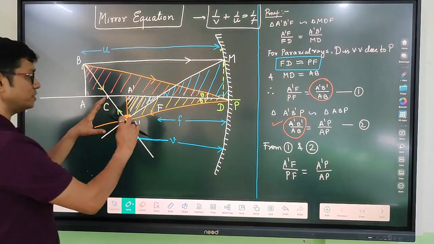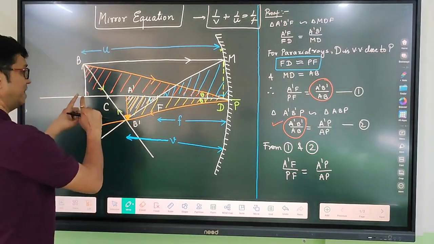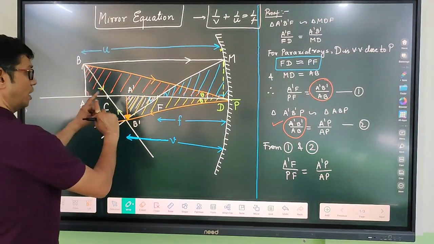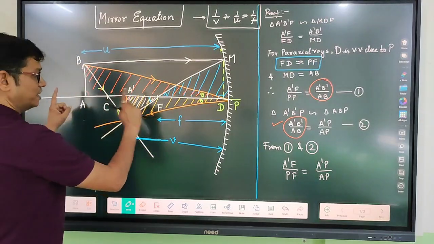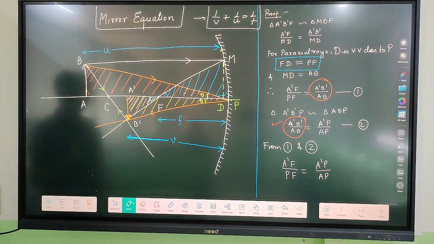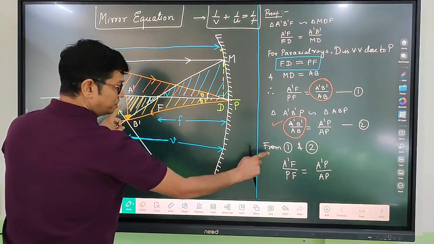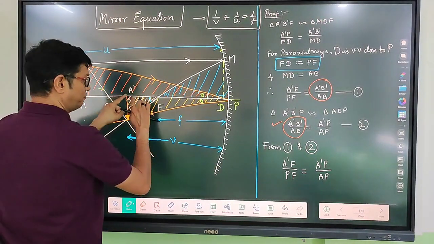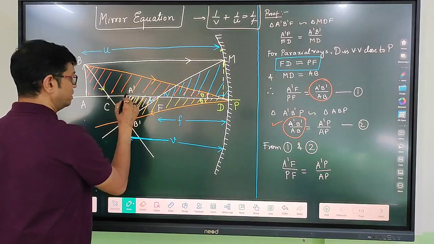Now what we are going to do is write all these distances, A dash F, PF, A dash P and AP, in terms of U, V and F. For example, first focus on A dash F. This means this distance, right?